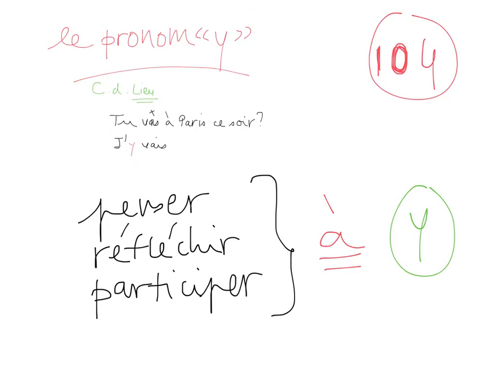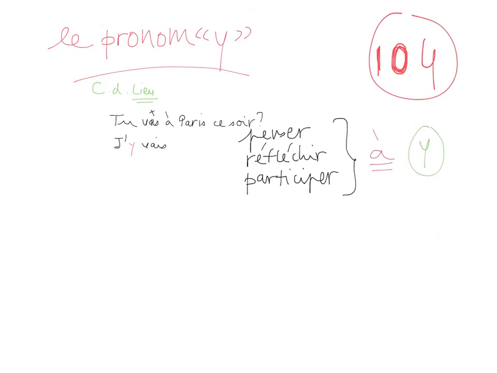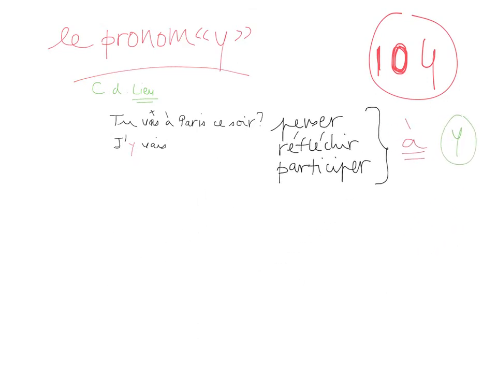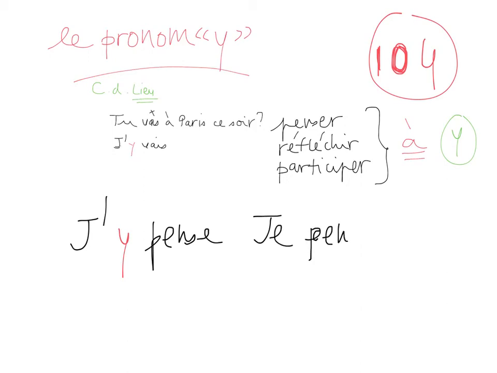If I am talking about someone, I am going to use what we call in French a pronom personnel. So j'y pense would be my future, my life, my holidays. But if I'm thinking about someone, I'm thinking about my dad because my dad is abroad.